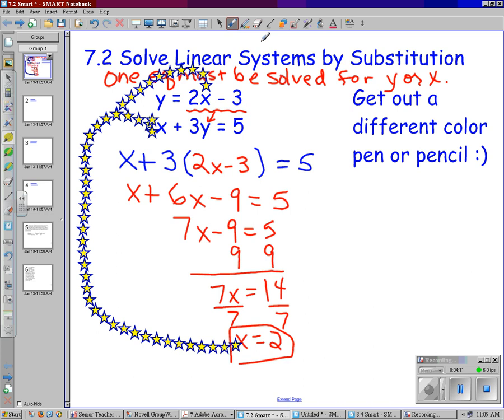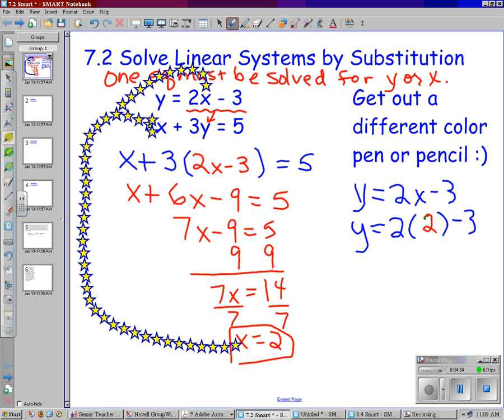Hint to you that it might be better to substitute it into the one that says y equals 2x minus 3, because then I can automatically come up with what my y is. If my x is 2, so I wanted to do that in red, my x is 2 here.